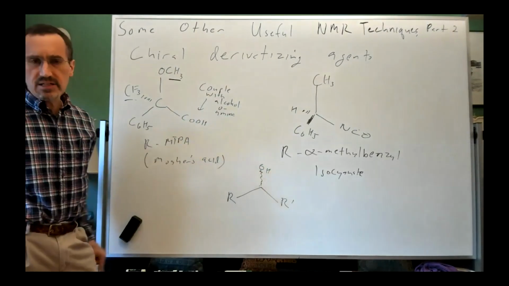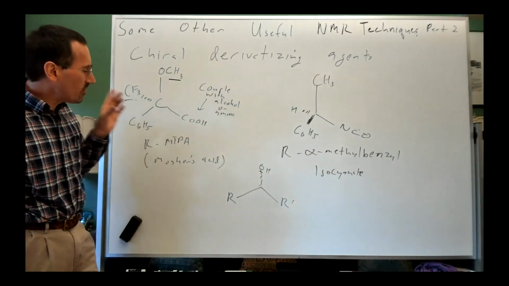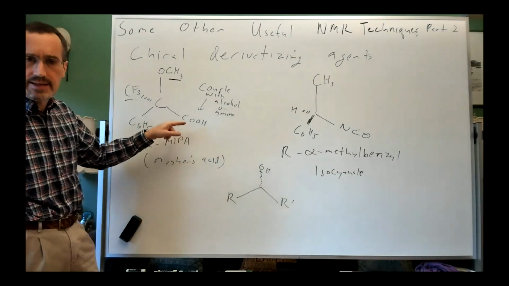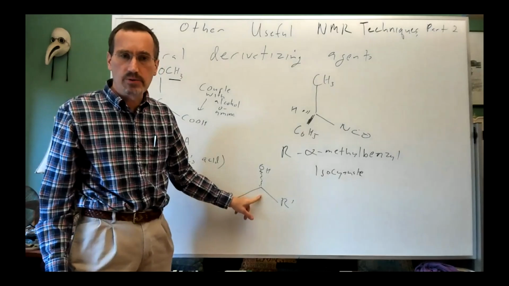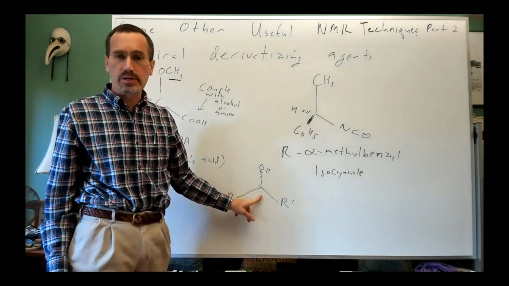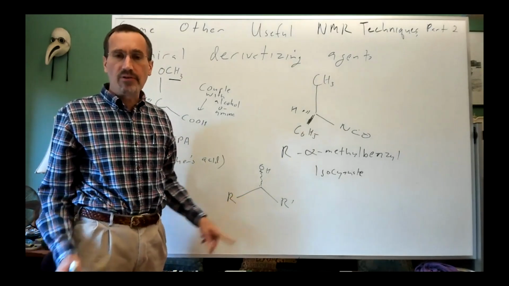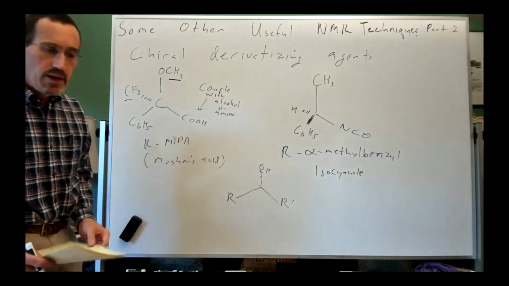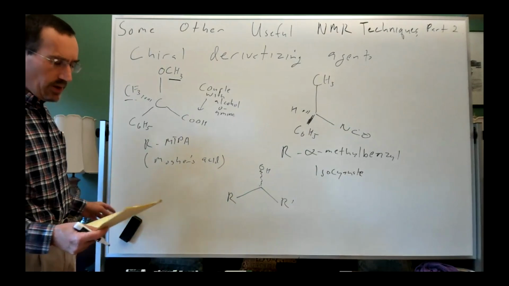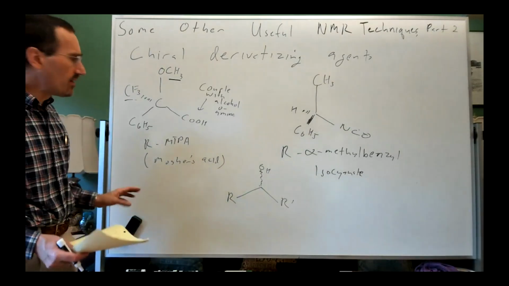One of the nice things of Mosher esters is there are empirical rules for telling the absolute stereochemistry. So you can often not only tell the enantiomeric purity, but tell if you have R or S, and that's very handy to do.